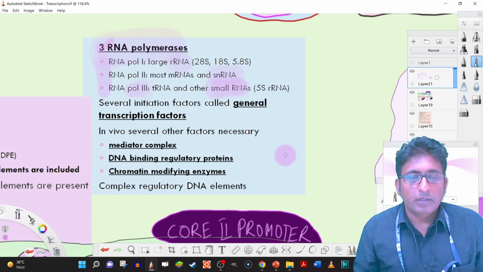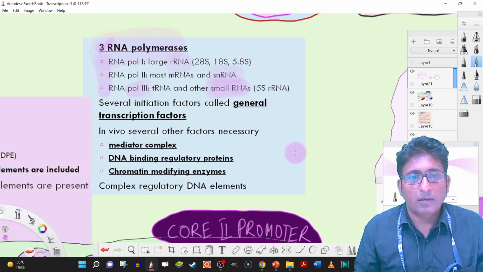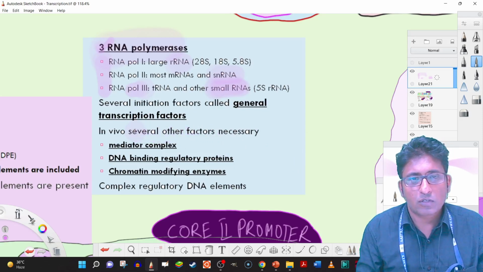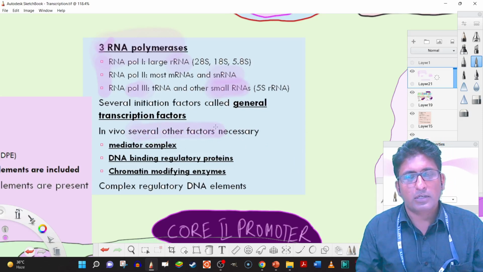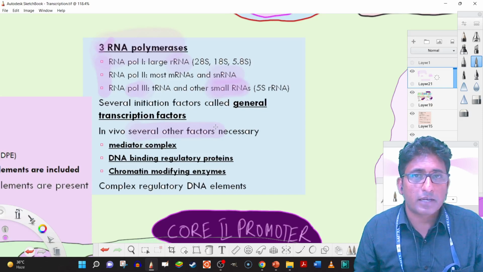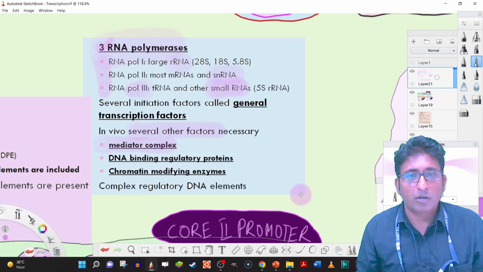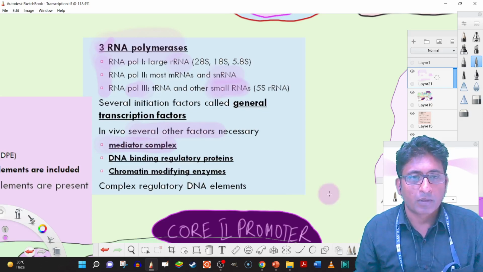Accessory proteins are also needed, and even more important are those that open up the chromatin so that the promoter becomes accessible, regulated by a huge complex called the mediator complex, in vivo at least.